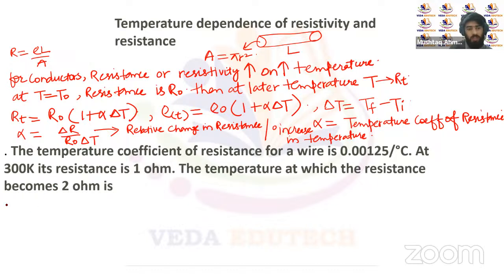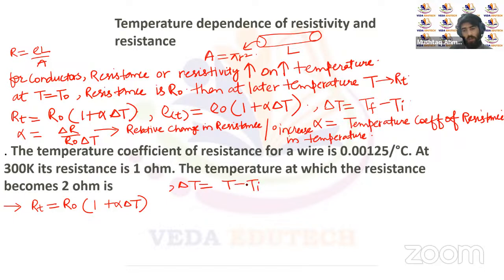So we'll use the same equation, R of T, the resistance at some later temperature T, equals R naught times (1 plus alpha delta T). This delta T will be equal to T final minus T initial, right?